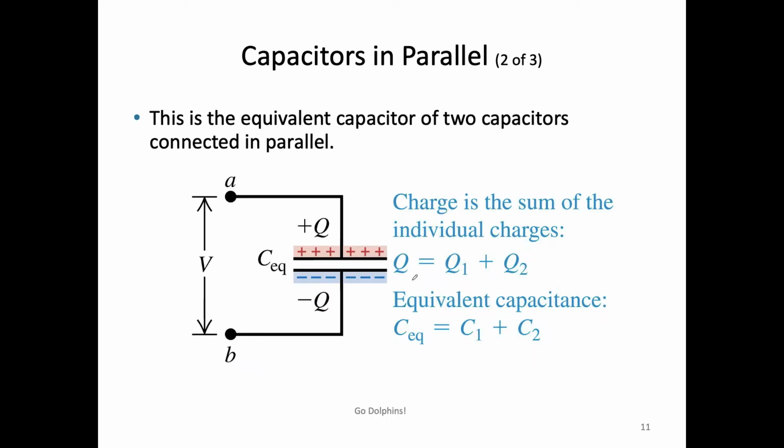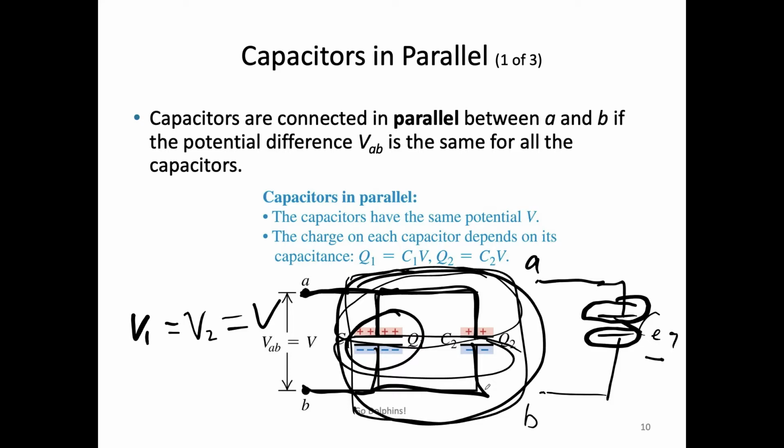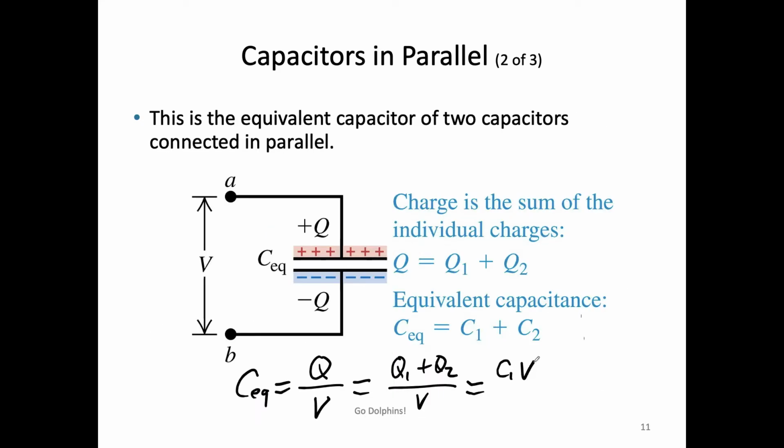So I have C equivalent equals Q over V, and my Q is Q1 plus Q2, over V. My Q1 is C1 times V, my Q2 is C2 times V, over V, equals C1 plus C2.